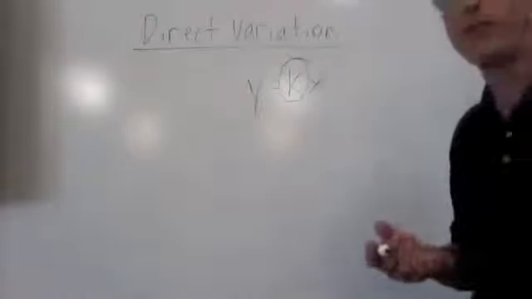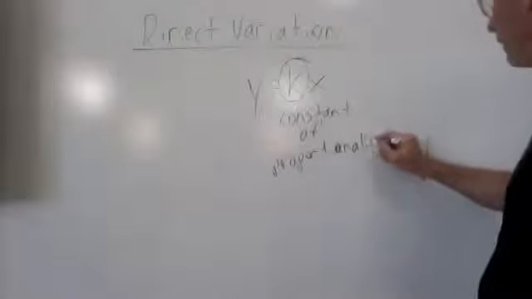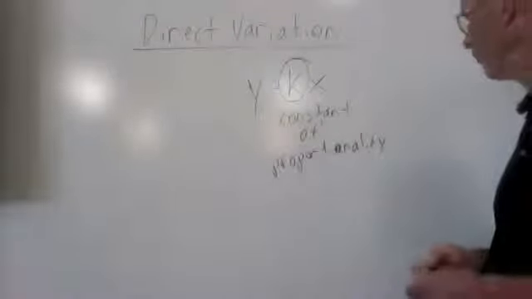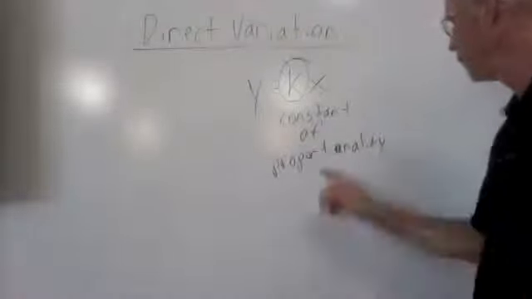Oftentimes in math they use different languages, so the letters look funny, but this is called the constant of proportionality. So y equals kx.